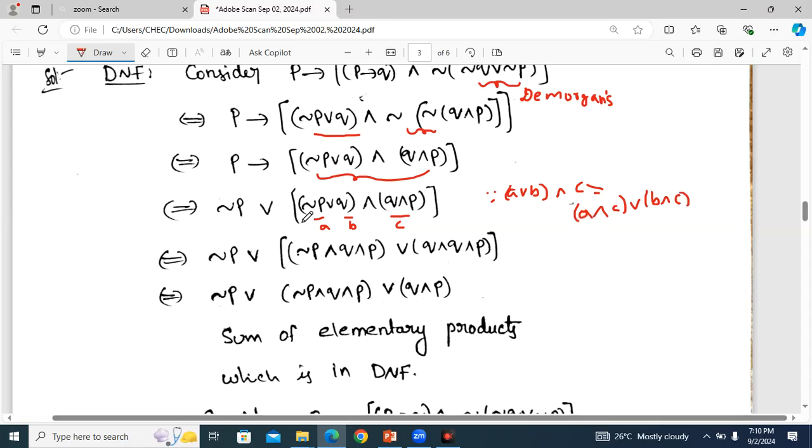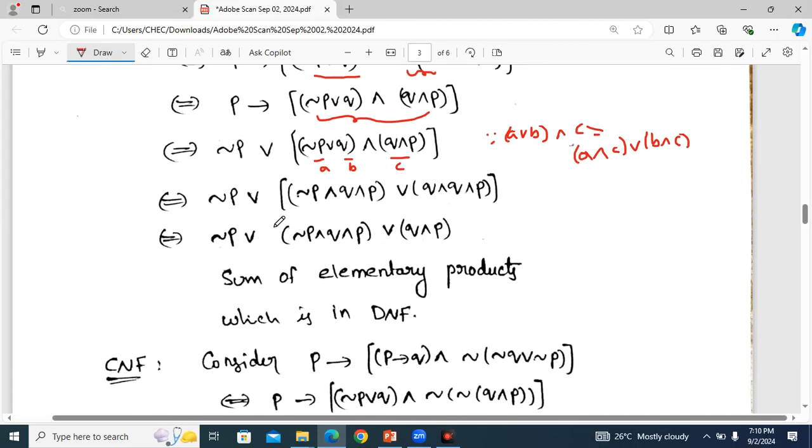Okay. In place of A, negation P, and C is Q and P, or in place of B, Q, and Q and P. So negation P and Q and P is an elementary product, or Q and Q and P. By the idempotent law, P and P is equal to P, and Q and Q is equal to Q. Okay.